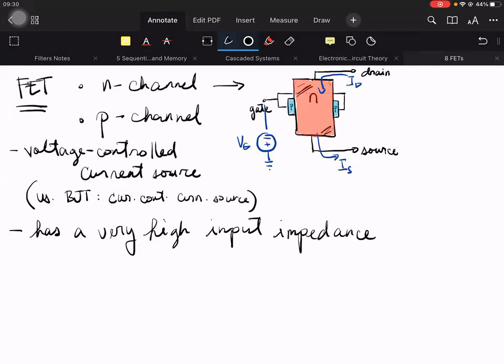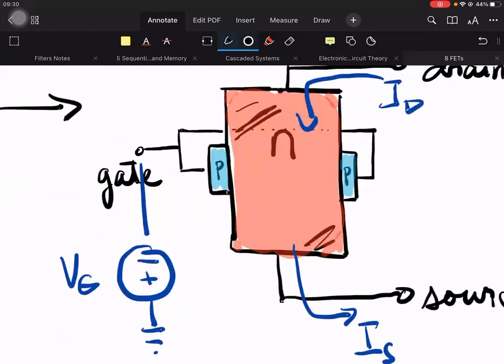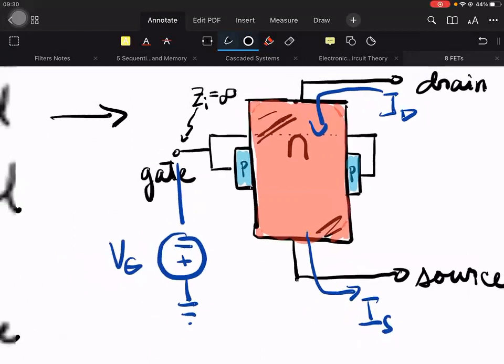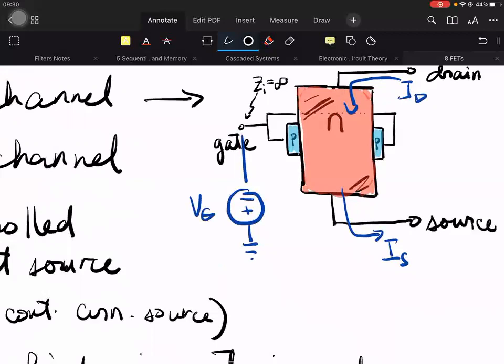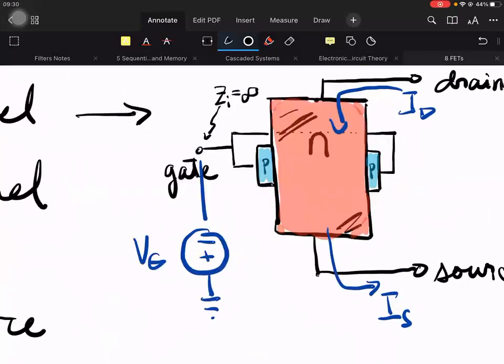So if we measure the resistance across the gate terminal, we obtain a very high value. What's the effect of this? Because the resistance at this point is very high, Zi is infinite or approaching infinity, meaning no current will flow.